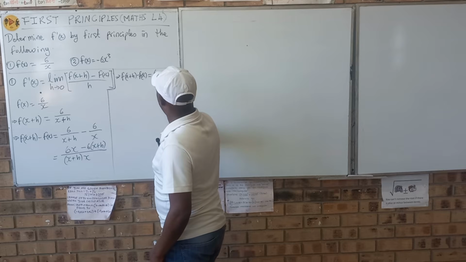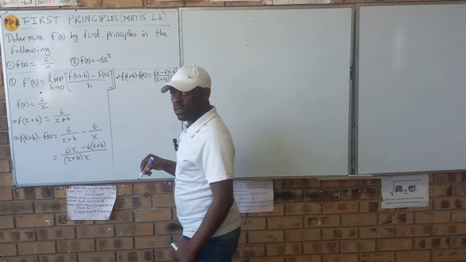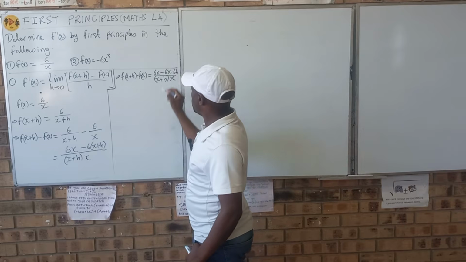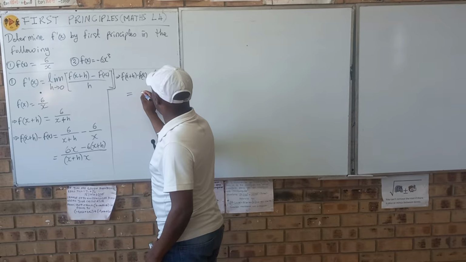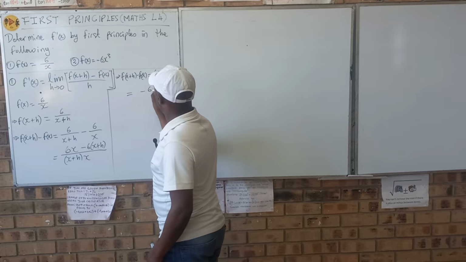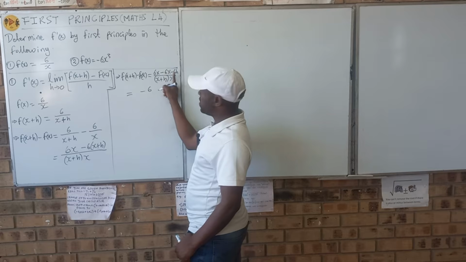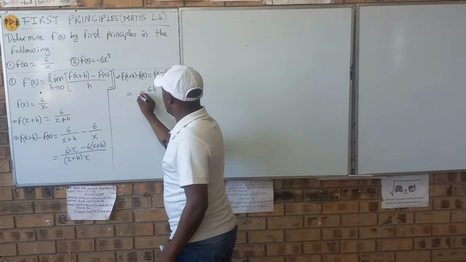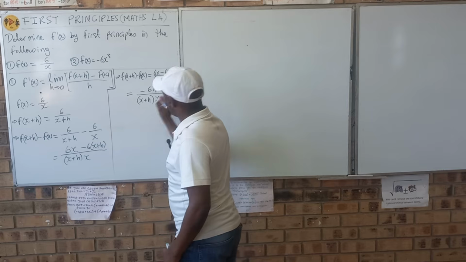Then my LCD, it's advisable to keep it exactly the way it is. So now at the numerator, 6x will take care of itself. So that subtraction of the numerator leaves us with negative 6h, because 6x takes care of itself, you're left with negative 6h on x plus h into x.